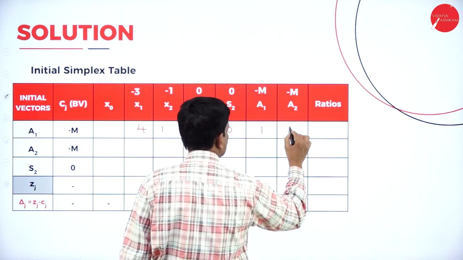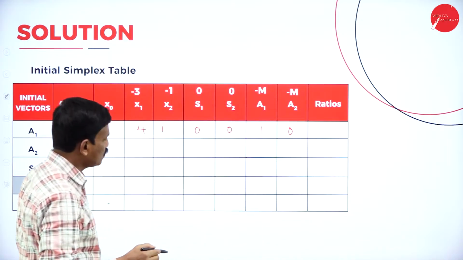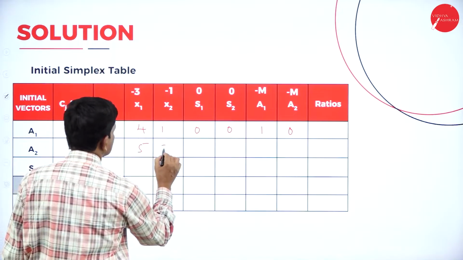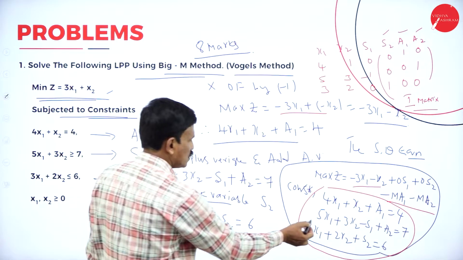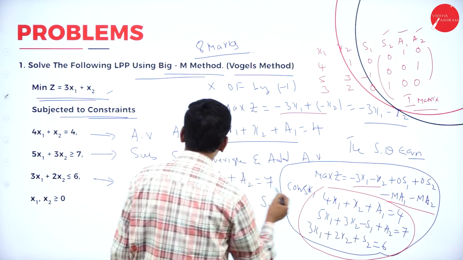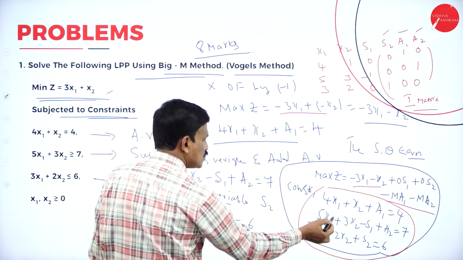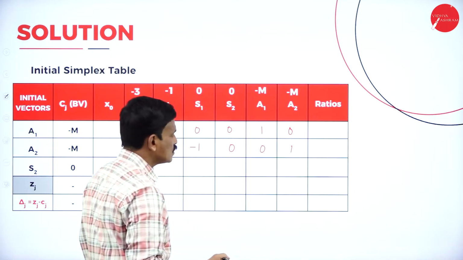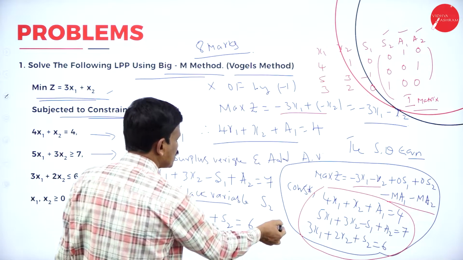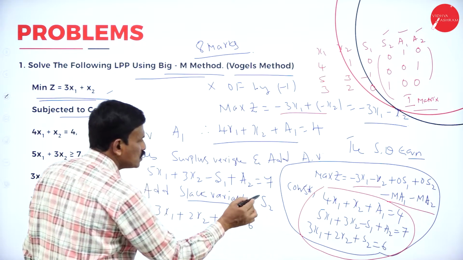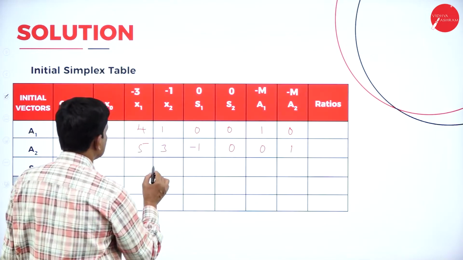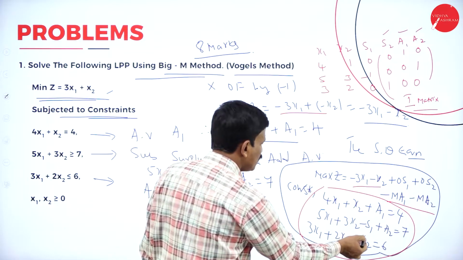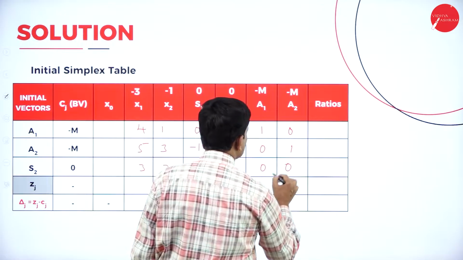Next, for the second equation: 5, 3 and the coefficient of s1 is -1, then s2 is 0, a1 is 0, a2 is 1. Next, for the third equation: 3, 2, 0, 1, and a1 and a2 are 0 and 0.